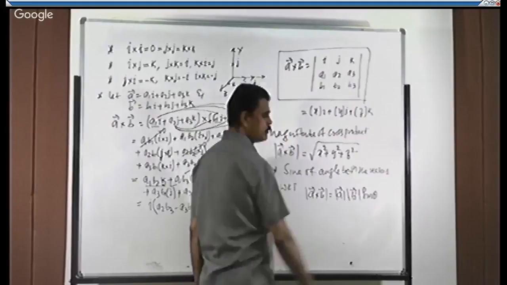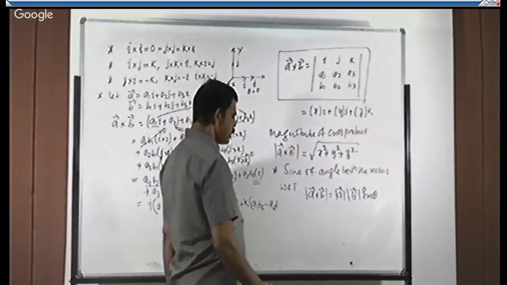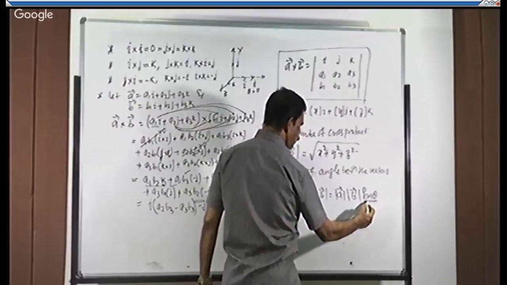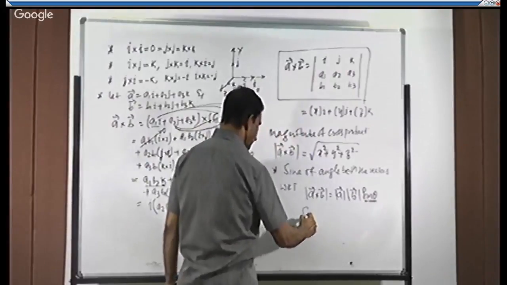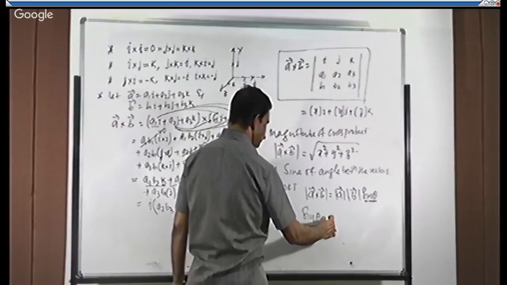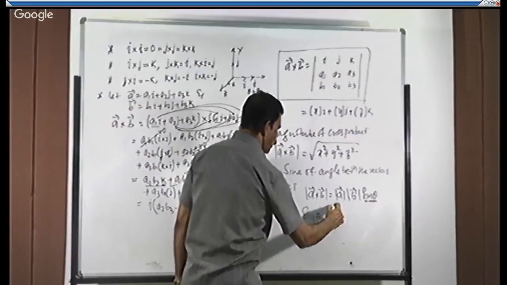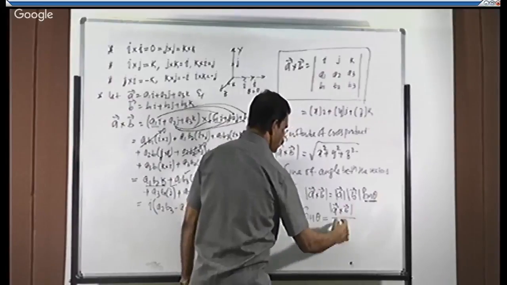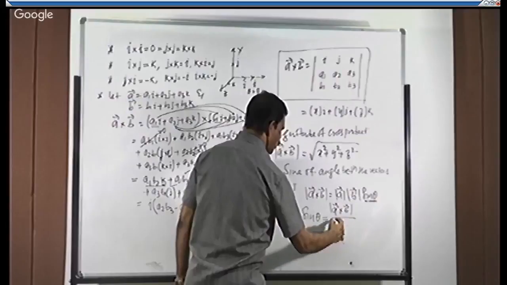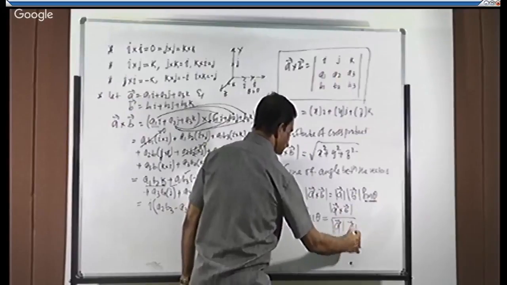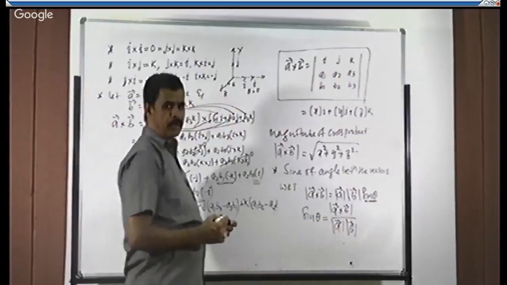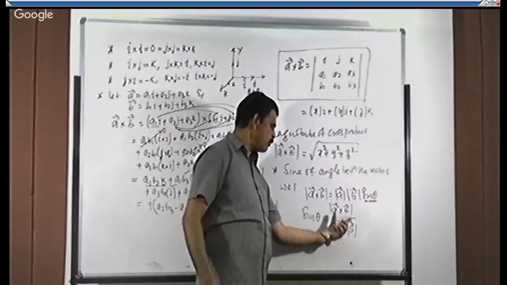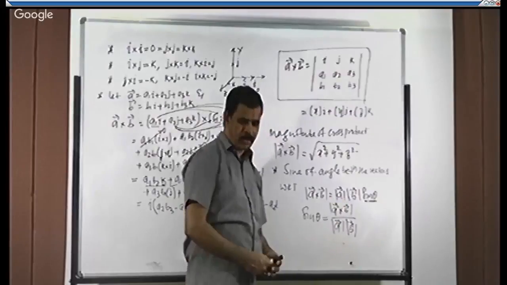Is it right? With this, we can write the formula for the sine of the angle. Sin theta is equal to the magnitude of A cross B divided by magnitude of A, magnitude of B, which is derived from this formula.